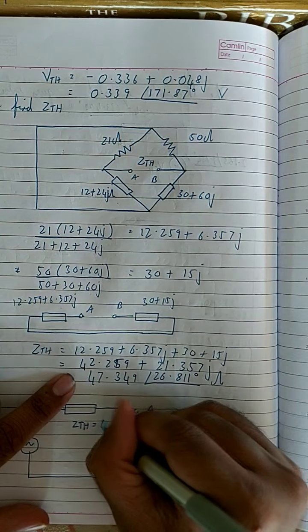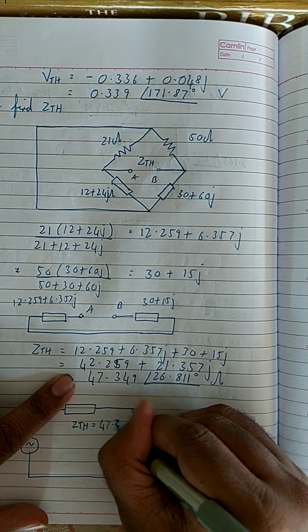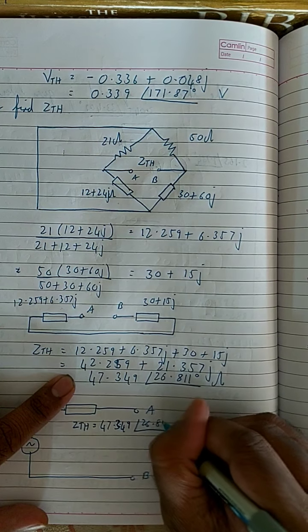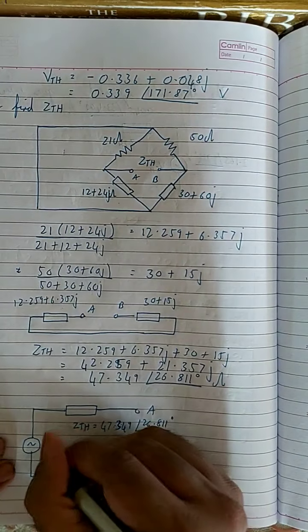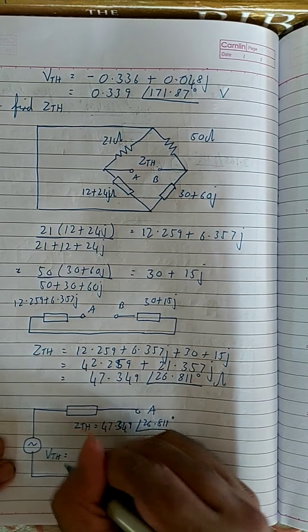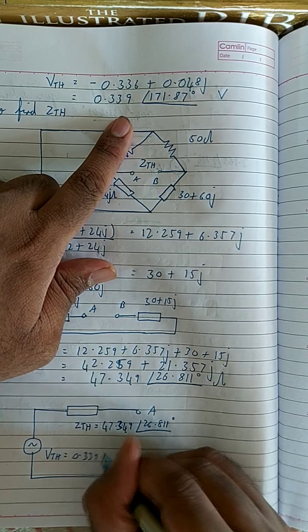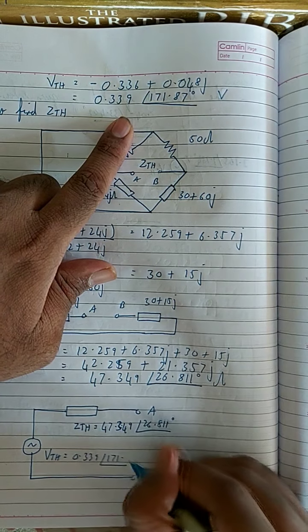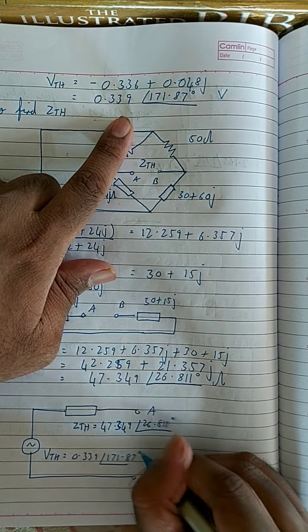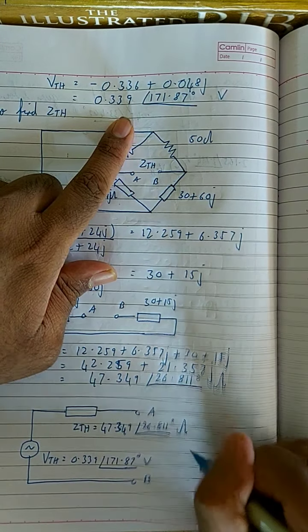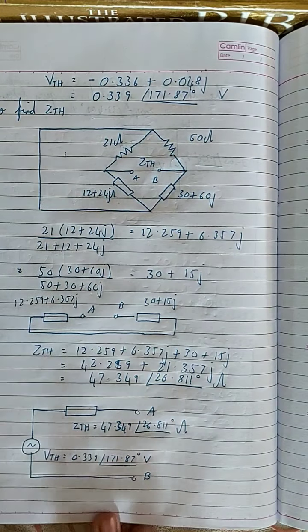ZTH is equal to 47.349 angle 26.811 degrees ohms, whereas VTH is equal to 0.339 angle 171.87 degrees volts. Okay, this is the answer.